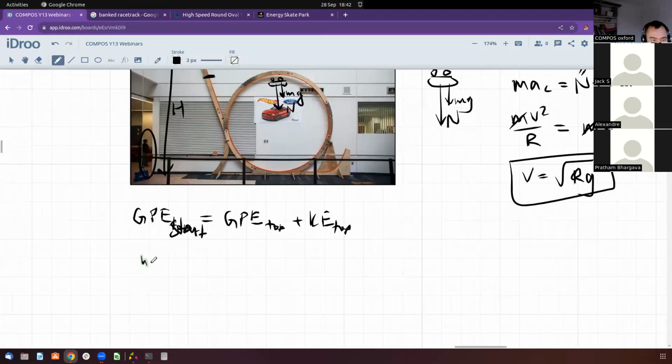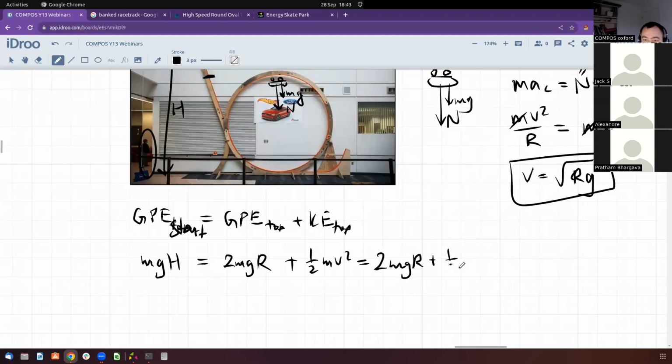So mgh is equal to the gravitational potential energy at the top, 2mgr, plus the kinetic energy, which is 1/2 mv squared, which is equal to mgr plus 1/2 m rg.